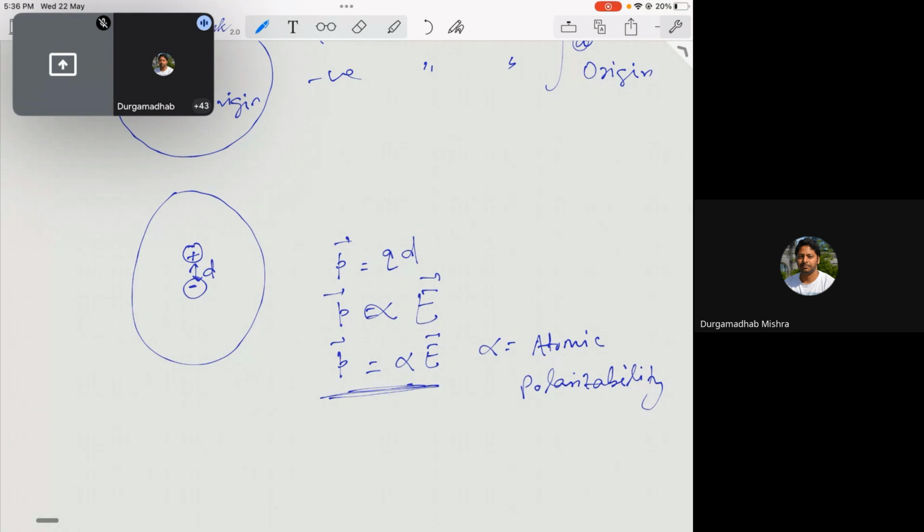But in most cases that we encounter, the dipole moment induced is typically linear to the applied electric field. So this is the induced dipole. You can calculate the value of alpha, because we have a charge distribution and you can do a very simple classical calculation for that.